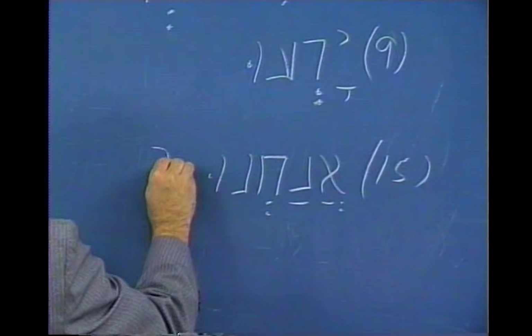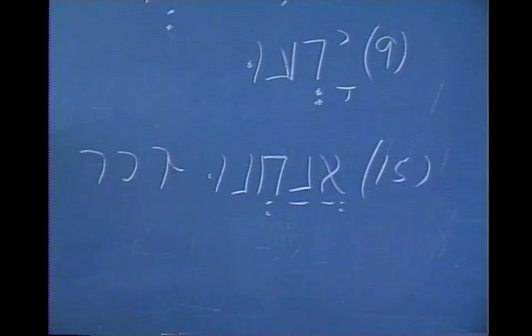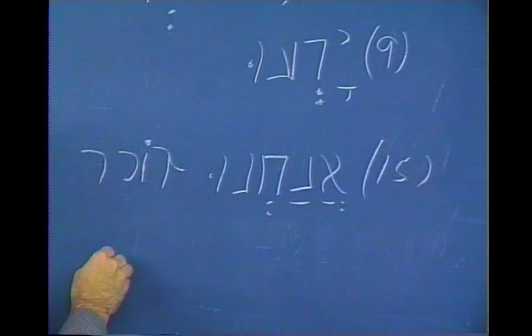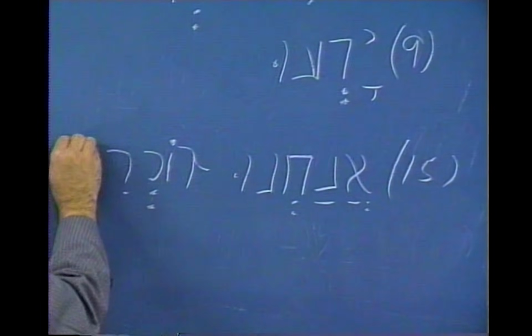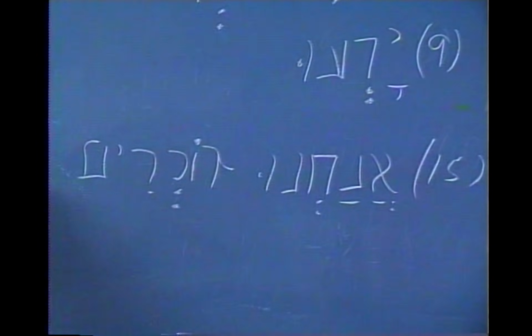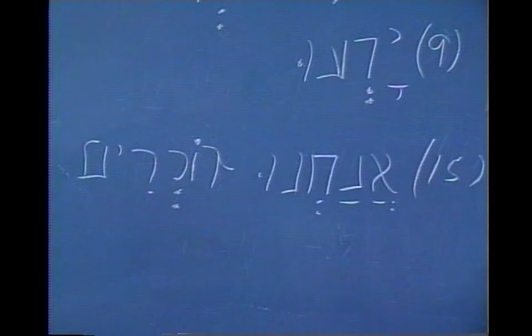Remember is zakar, right? All right, but I want to make it we are remembering. So I put the holum in there and follow that with that, and then the im ending, and I'm set. So zokarim, we remember. Anachnu zokarim, we are remembering.